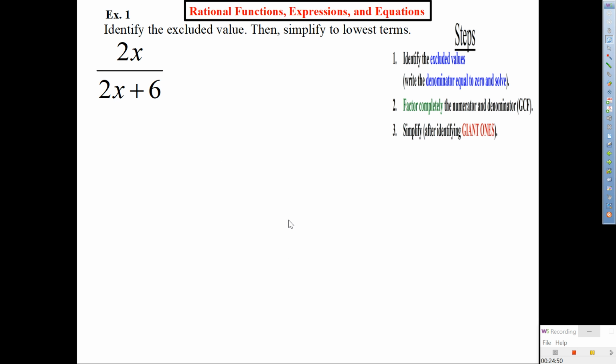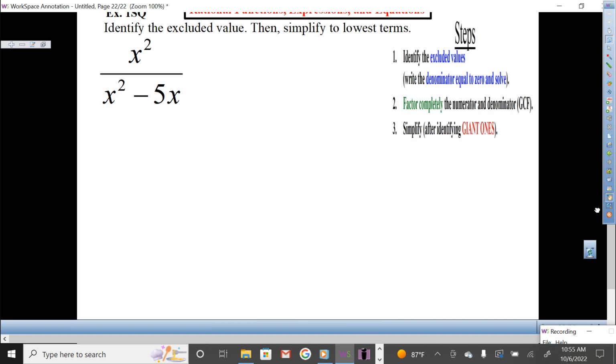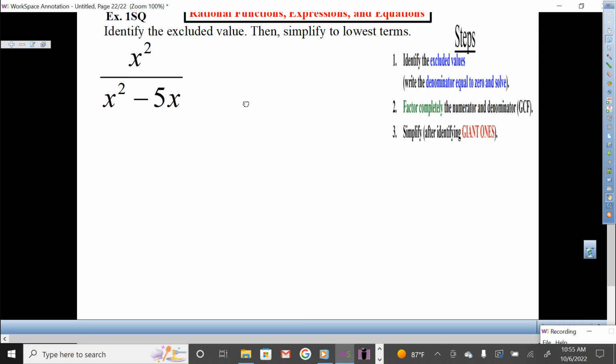Example 1 super Q. x squared over x squared minus 5x. We're going to do this one together, okay? We got example 1 super Q, x squared over x squared minus 5x.